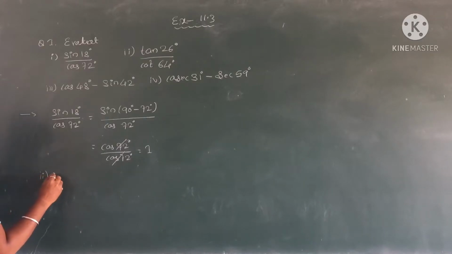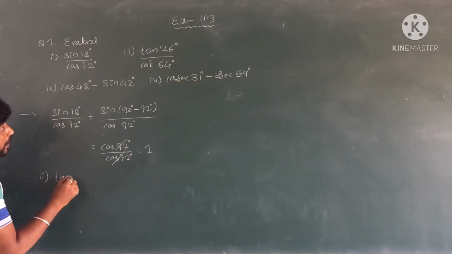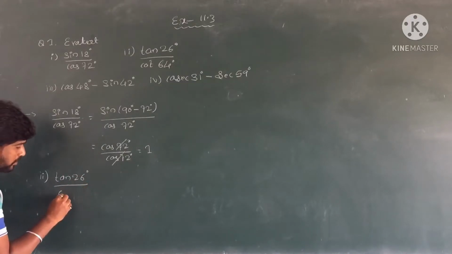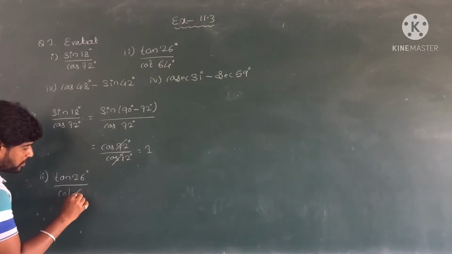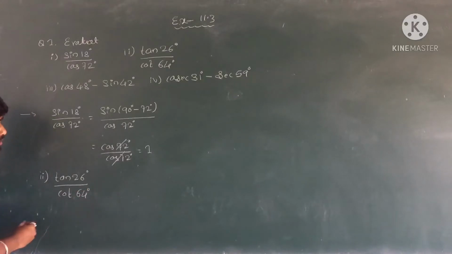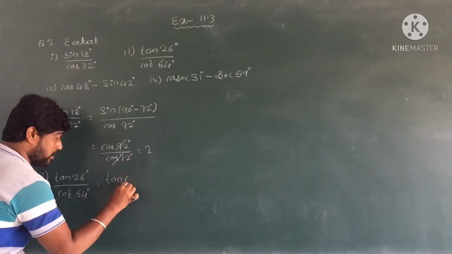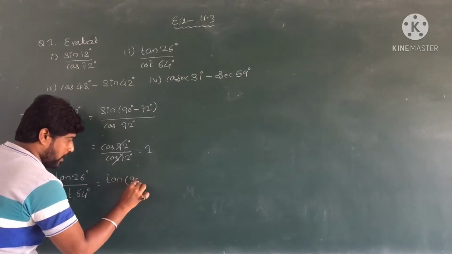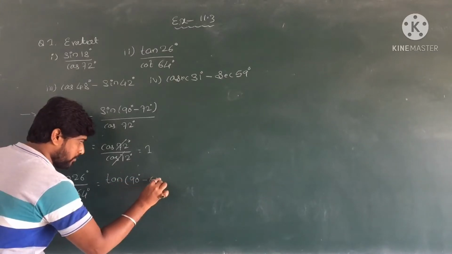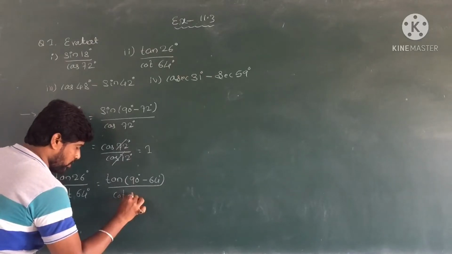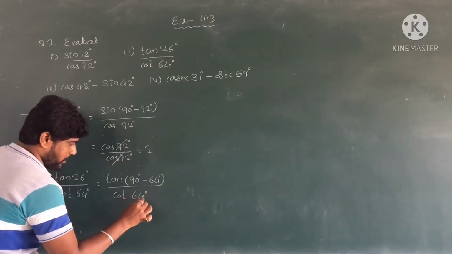What is that second one? Tan 26 degrees divided by cot 64, right? So this one we can write tan(90 minus 64) divided by cot 64.